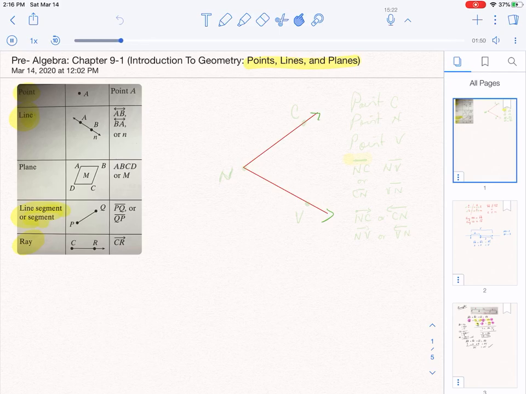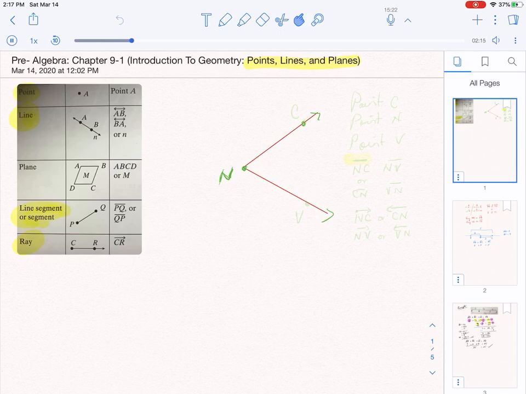Okay, this is what we call point N. Remember, we represent one point. That point, later on, you are going to hear the word vertex, because it's formed by the two rays. It can also be formed by two segments or two lines.